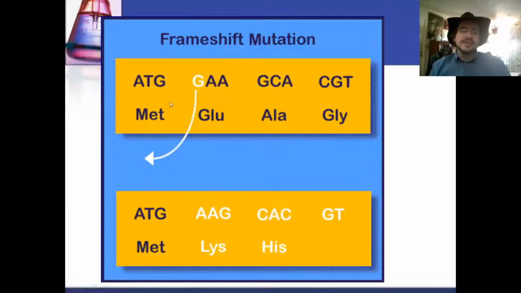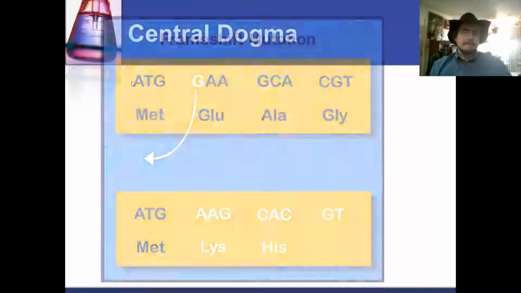An insertion does the same kind of frame shifting, but instead of removing this G, we might add a C. And so it would be AUG, CGA, AGC, ACGU. So you can see how an insertion or a deletion would totally mess things up.